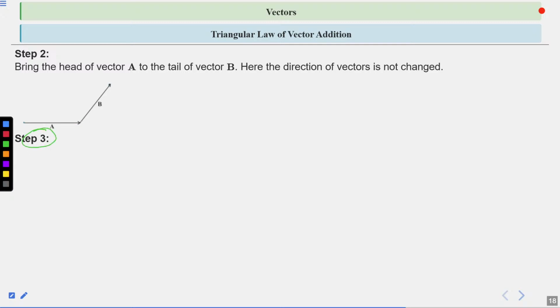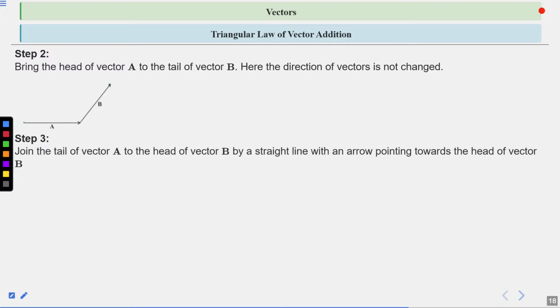So step 3: join the tail of vector A, which is this one, with the head of vector B, which is this one. When we join them by a straight line with an arrow pointing towards the head, this becomes the resultant vector.